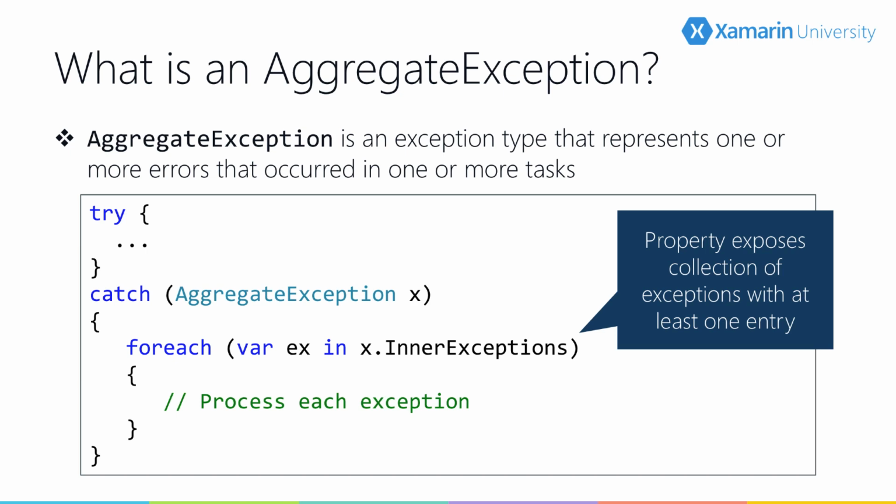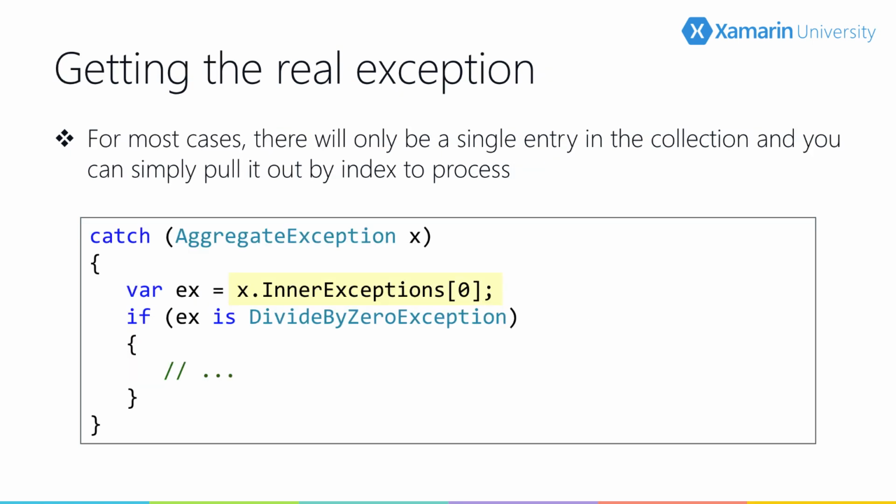Typically, the InnerExceptions collection will only have one single entry, because what are the chances that multiple exceptions occur during an asynchronous operation? So if we look at the very first element of these inner exceptions, in this case here, that's where we will find our divide by zero exception.